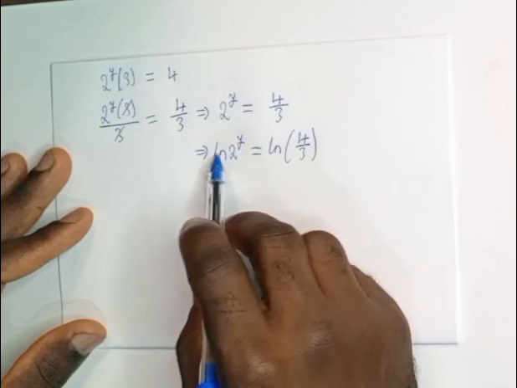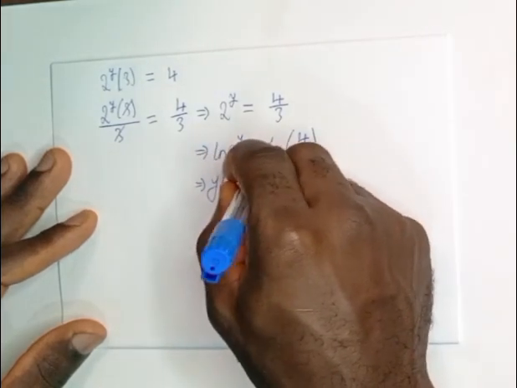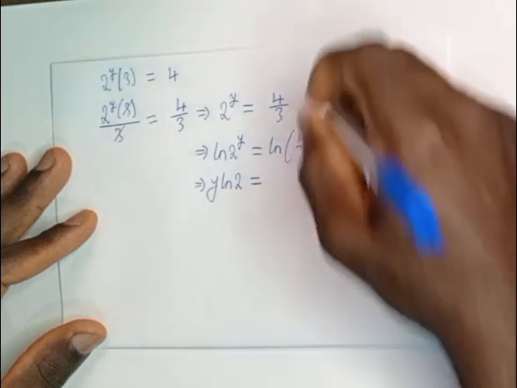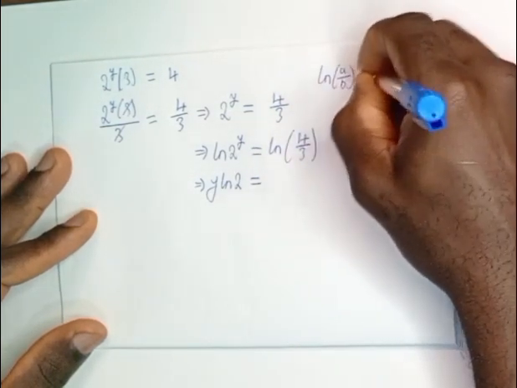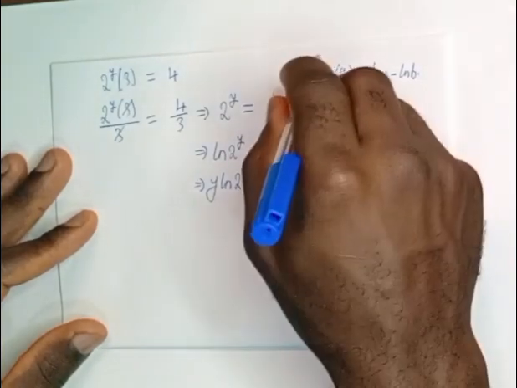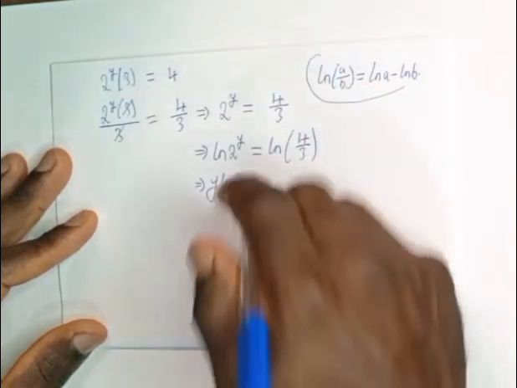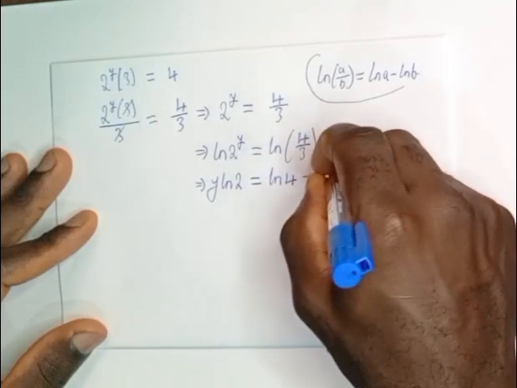Applying the law of power at the left hand side, then y ln 2 will simply be equal to, remember, the ln of a over b is the same as the ln of a minus the ln of b. We are going to make use of this at the right hand side. This will give us the ln of 4 minus the ln of 3.